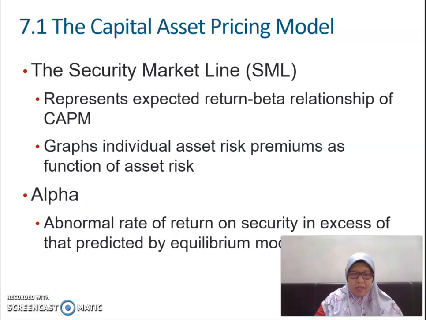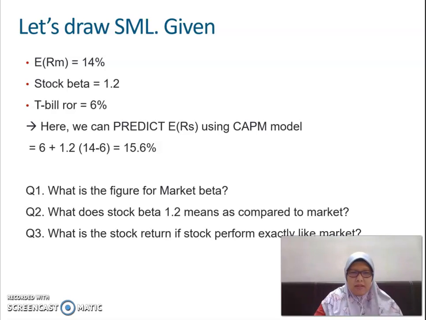Let's draw SML. You are given expected return of market 14%, stock beta is 1.2, and T-bill rate of return is 6%. Now here we can predict the expected return of a stock using the CAPM model.